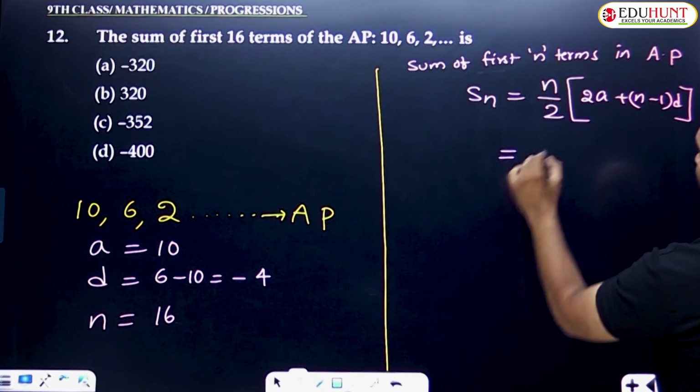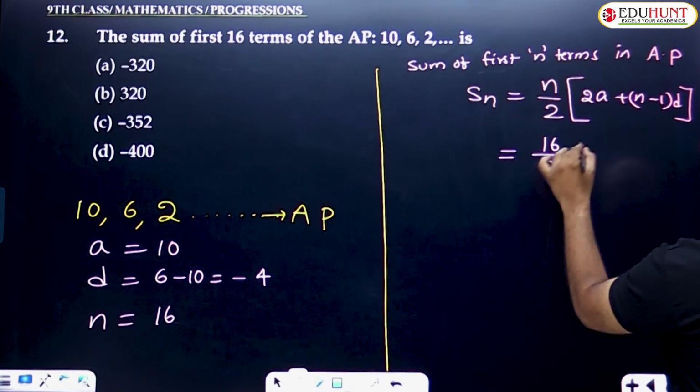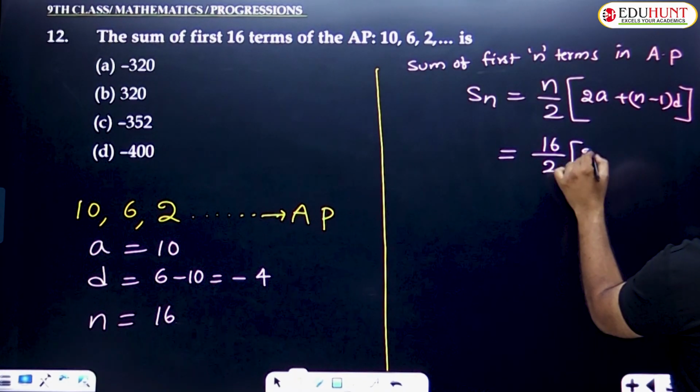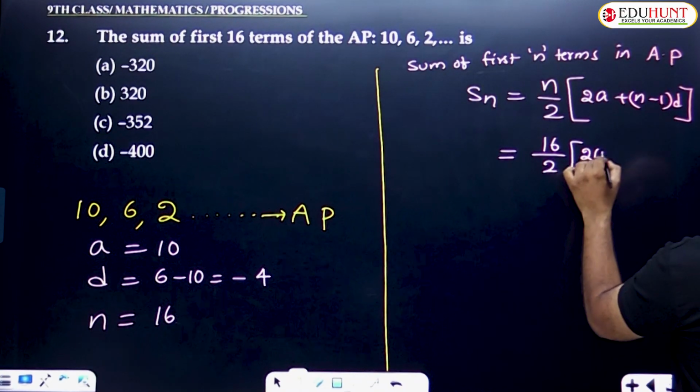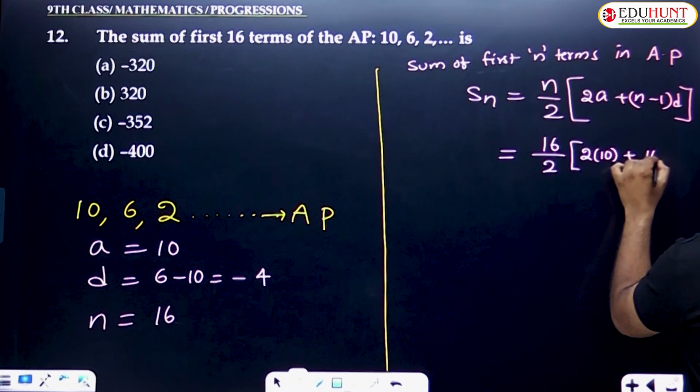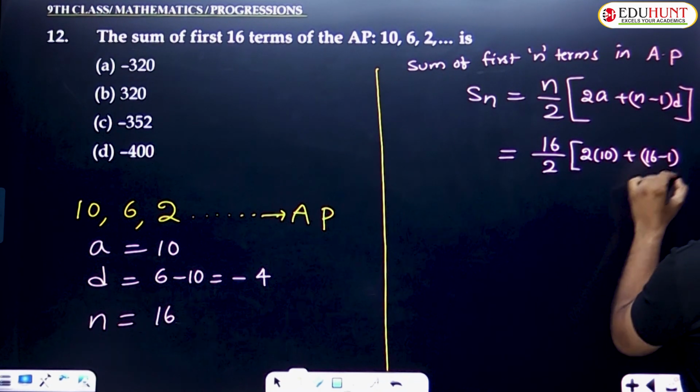You know the n value is already given as 16, so 16 by 2 into 2a, 2 into the a value, which is 10, plus n minus 1, 16 minus 1, into the common difference minus 4.